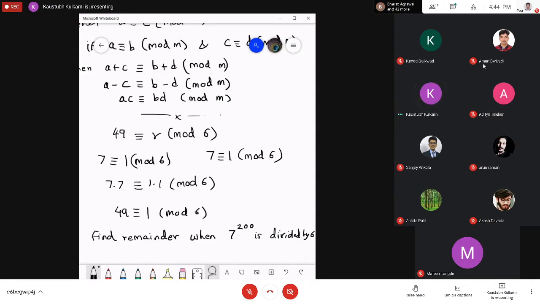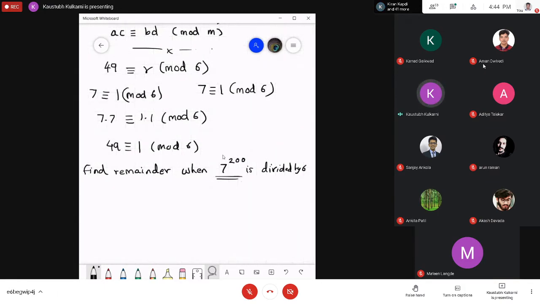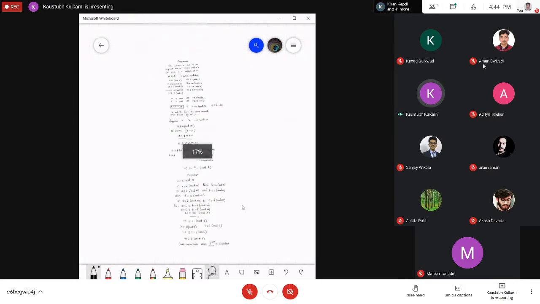So for 7 square, it is the same thing. For 7 raised to 4, it will be again 1, and so on. Yes, so my point here is, even for a larger number, you can use this property and find this. I'll give you another example of this because this is important.